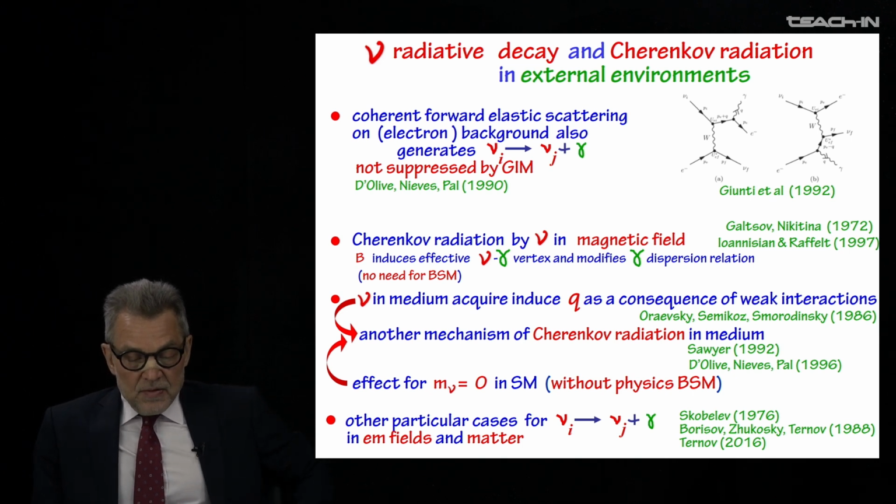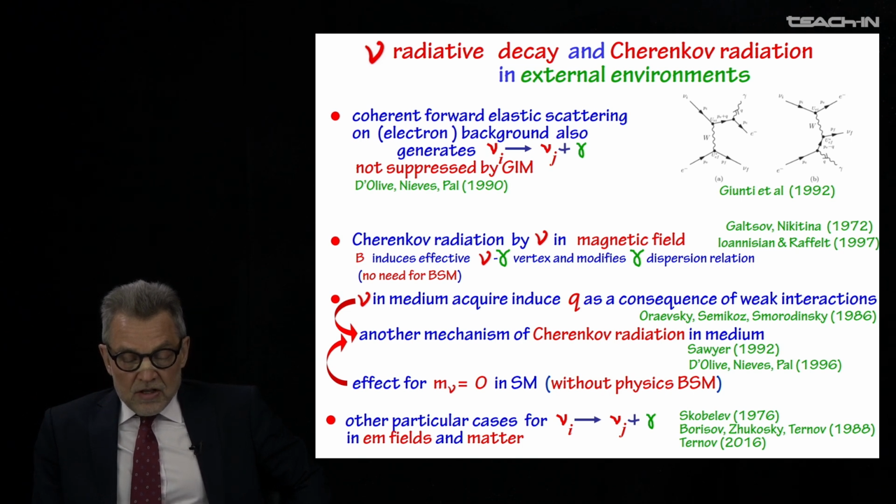So there is another possibility: that in a medium, the neutrino can acquire an induced millicharge due to interaction with the medium. As a consequence, being a quasi-charged particle, with a charge not inherent but induced by interaction with the external environment, a neutrino can act like an electron moving in a medium, like an electrically charged particle.